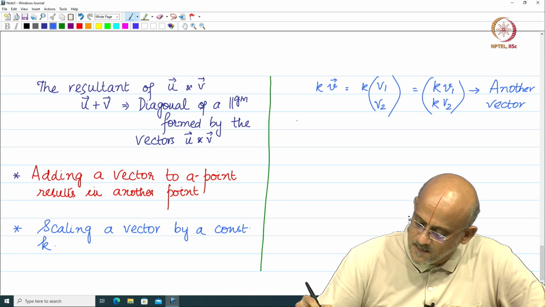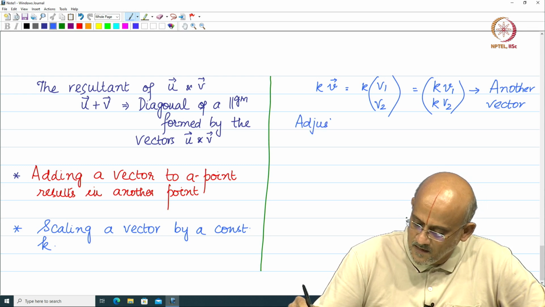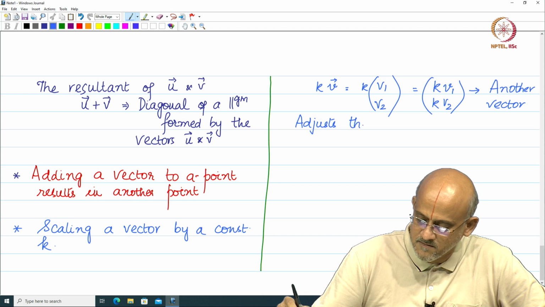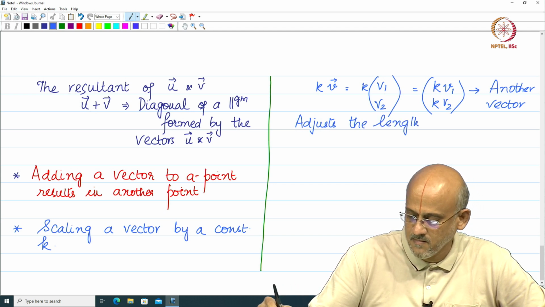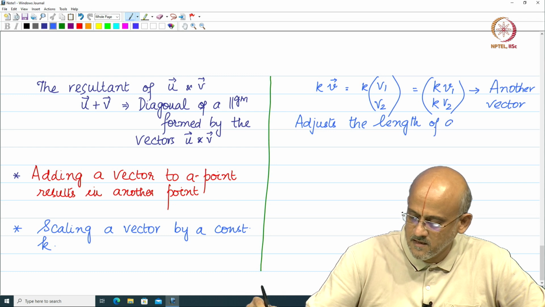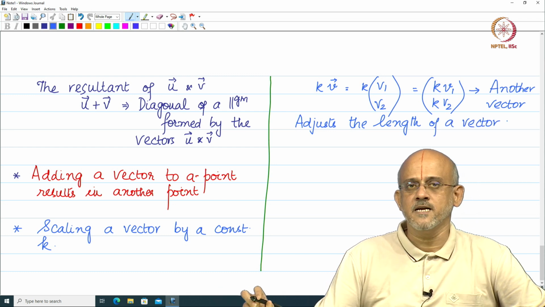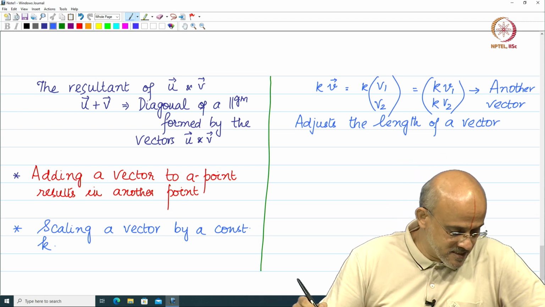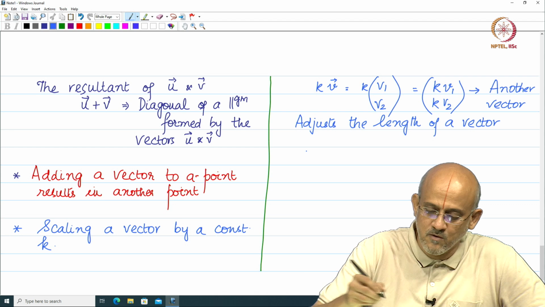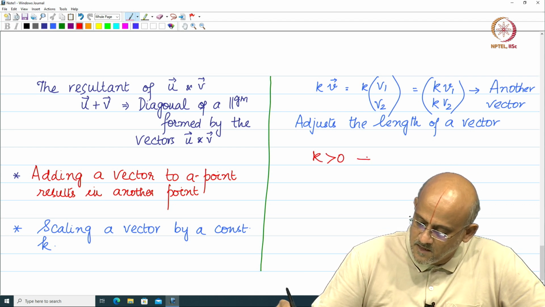Basically the scaling adjusts the length of a vector. Is that okay? So, scaling typically adjusts the length of the vector, and what is interesting is we just need to know what happens if k is positive, the direction of the vector remains the same.